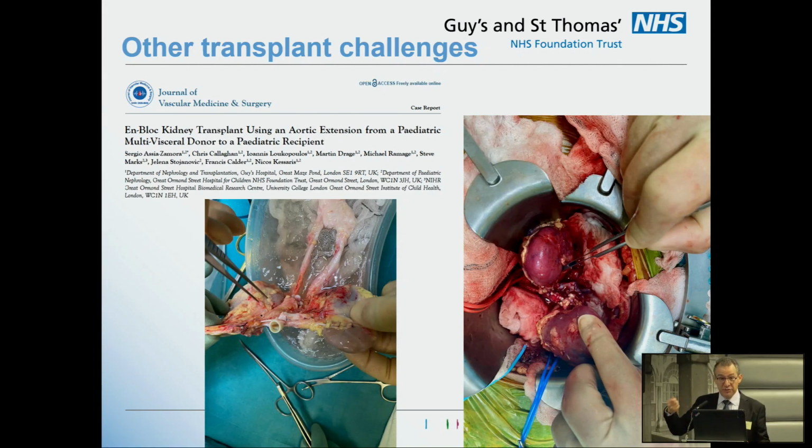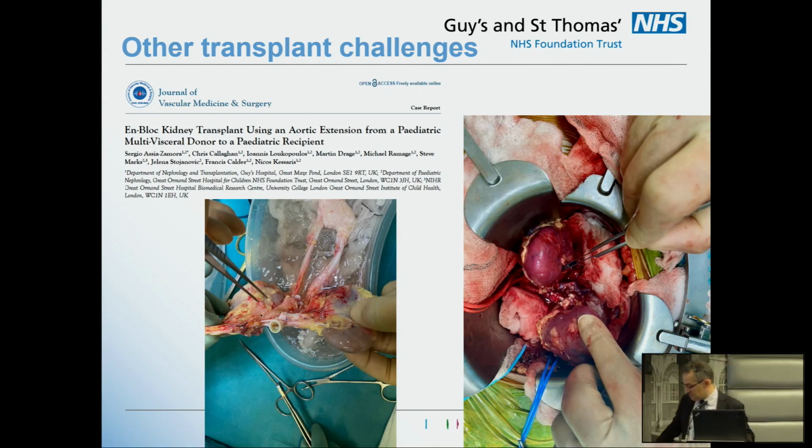So I couldn't close the top part of the aorta without narrowing the vessels. So I took part of the aortic arch and joined it to the top of the aorta, and covered a bit of the renal artery, just to extend the tube of the artery so I could close it at the top.